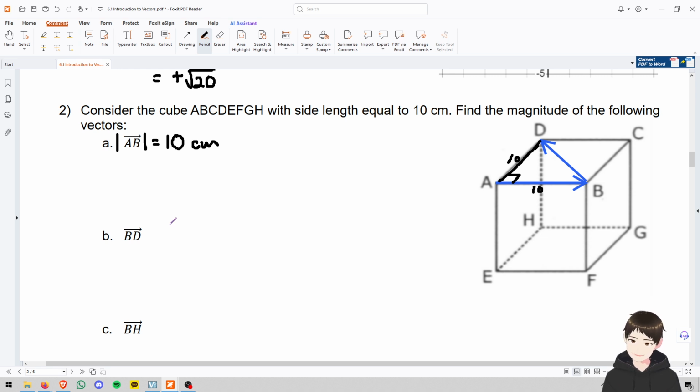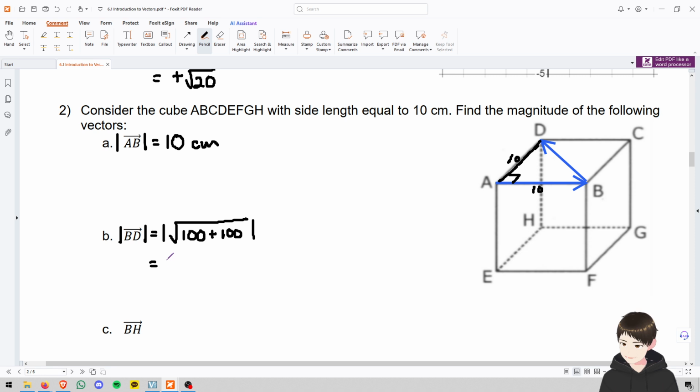So if you're looking at vector BD, the magnitude would be the magnitude of the square root of 10 squared plus 10 squared. So that would be positive square root 200.